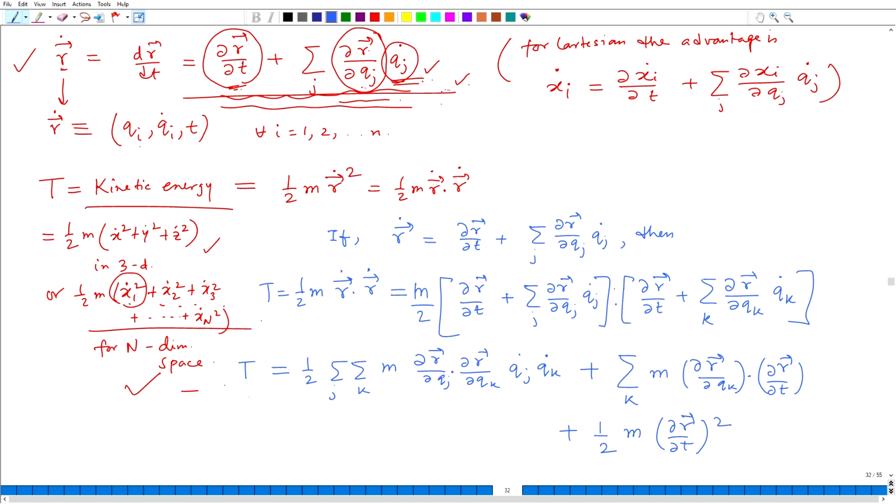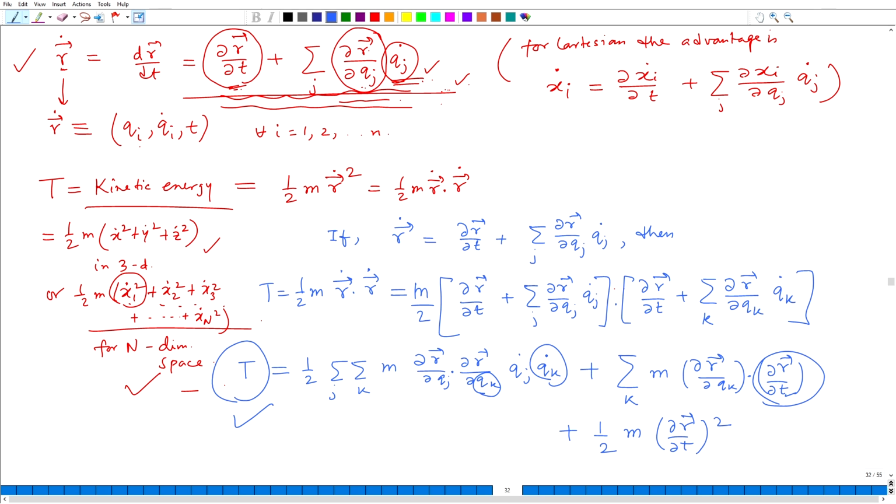So, this is the most general expression for the kinetic energy in terms of the generalized coordinates and generalized velocities. Now, if your system has somehow the property, which is the most usual case you encounter, that ∂r/∂t is 0, that means there is no explicit time dependence in the position vector.